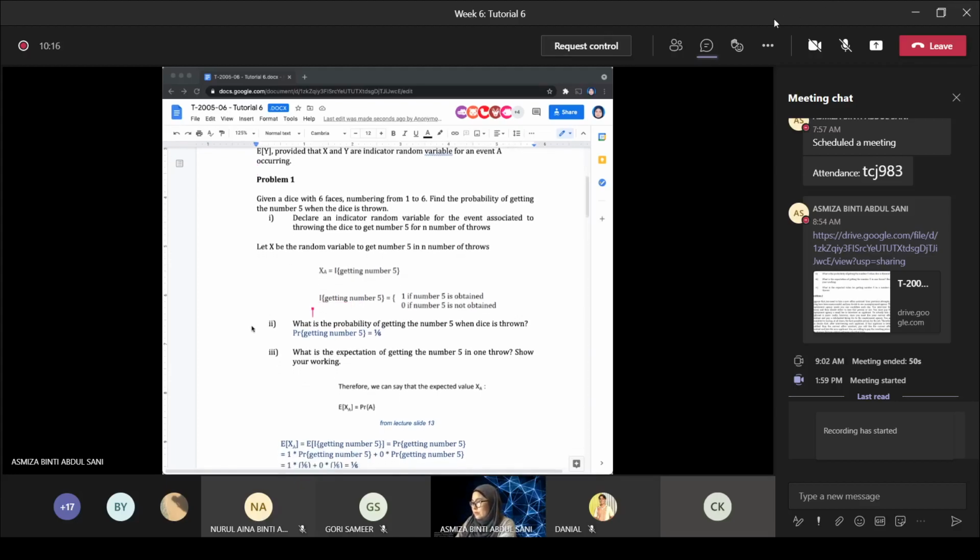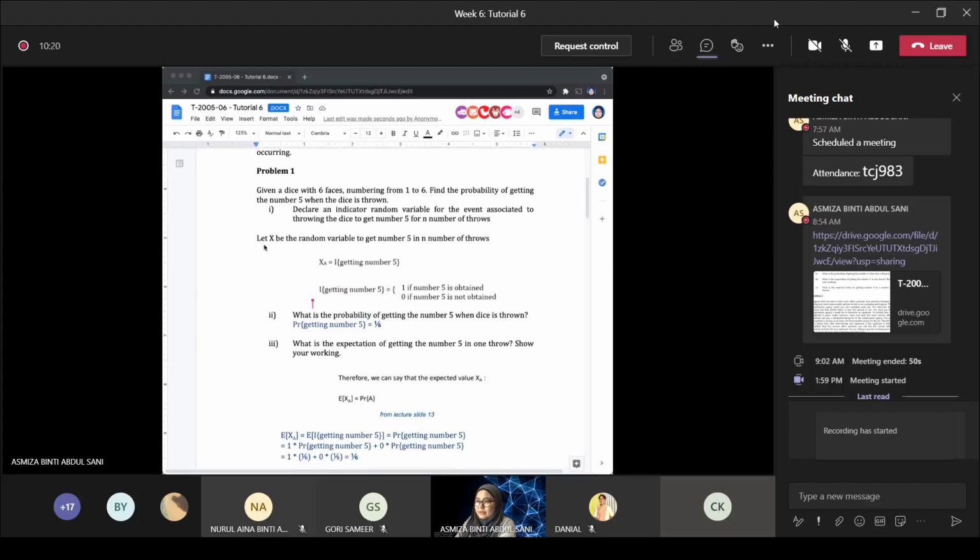Someone has shared the answer here. Let x be the random variable to get number 5 in n number of throws, and you define the IRV XA, which is an IRV for getting number 5.